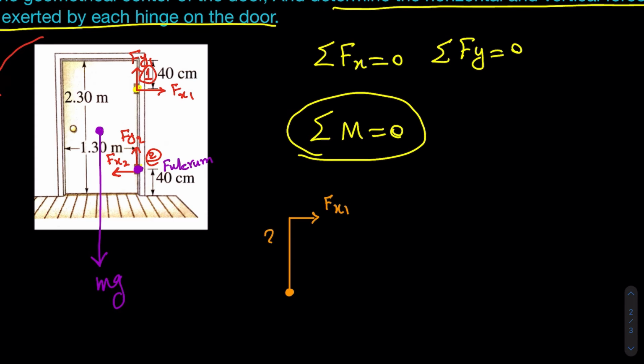But we need to find this distance. We have the height of the door, and on each side 40 centimeters or 0.4 meters we need to deduct. Doing that, we get this distance of 1.5 meters, which is d or r.